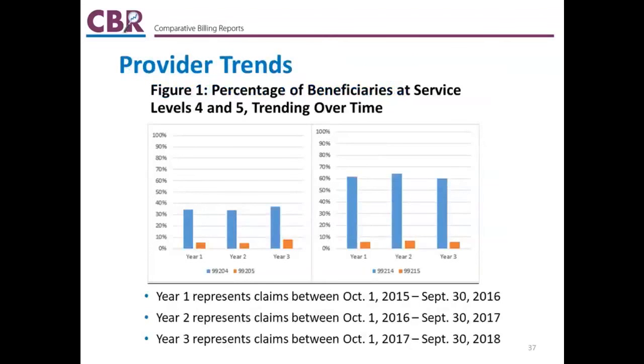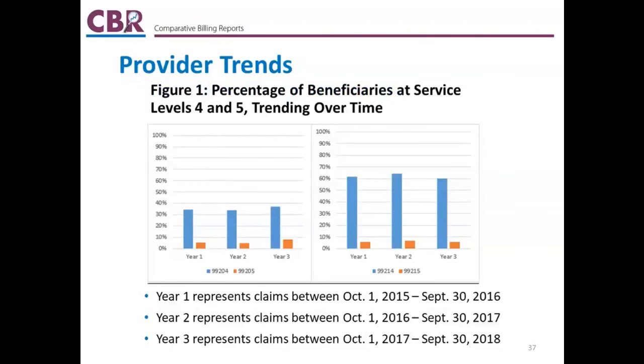Here we can see the last data graph that is listed in the CBR, figure 1. I just copied it from the CBR so we don't have to go to the sample one to see it. This is the percentage of beneficiaries at service levels 4 and 5 trending over time. So you can see here year 1, year 2, year 3, they're all the years October through September from 2015 through 2018.